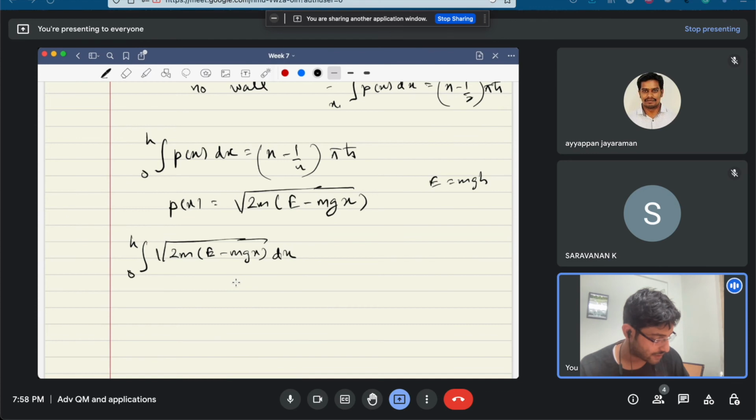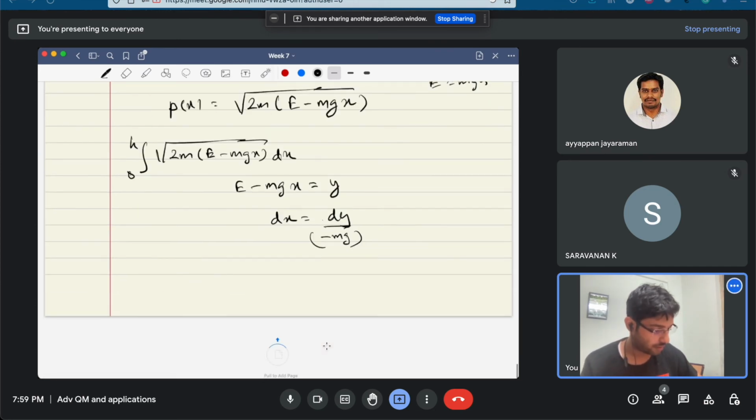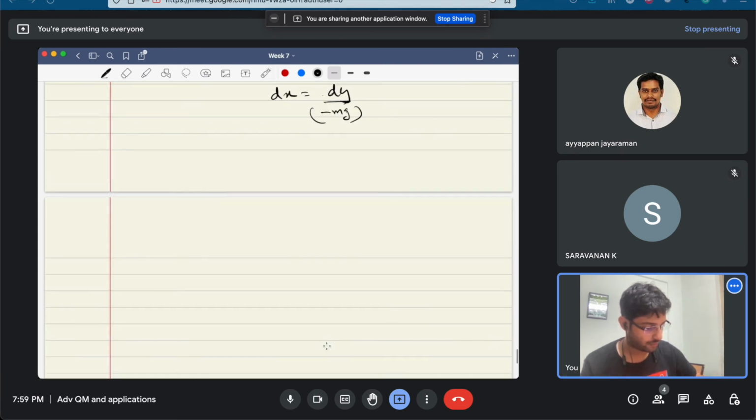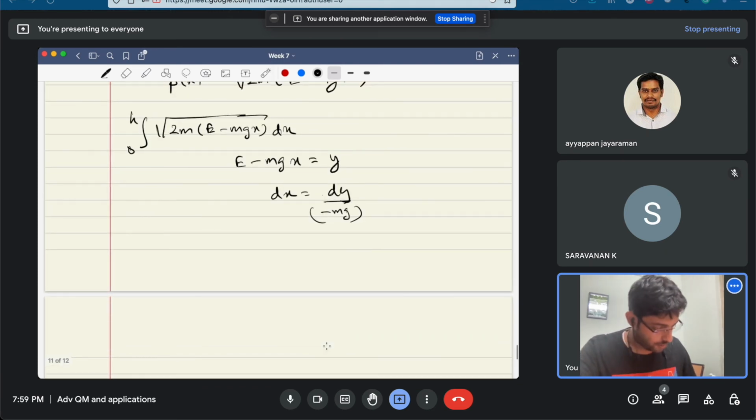So you can easily substitute E minus mgx as y, and you get dx equal to dy over minus mg.